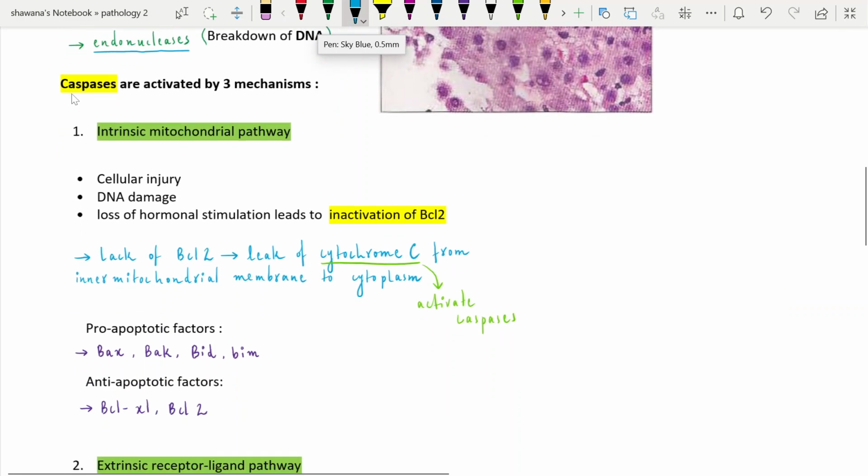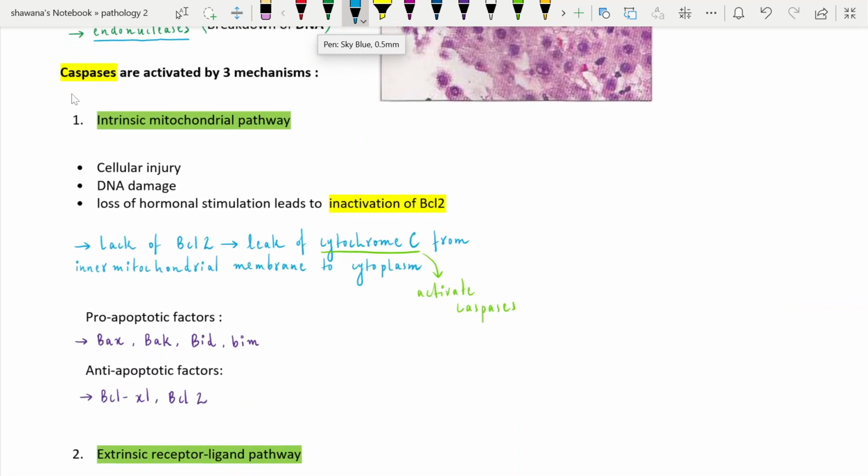Okay, what are the mechanisms of apoptosis? By which mechanisms can apoptosis occur, or by which mechanisms can the caspases be activated? There are two main mechanisms by which caspases are activated, but we will discuss three of them.